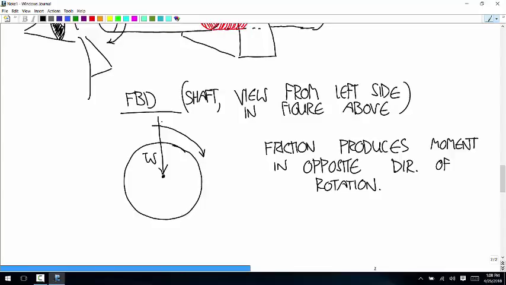Well, we know that if it stays in equilibrium, there still has to be a force up with a magnitude of W. But we know that that force has to produce a moment. And so in order for this equal and opposite force W to produce a moment in this opposite direction, that friction has to shift it over to the side.